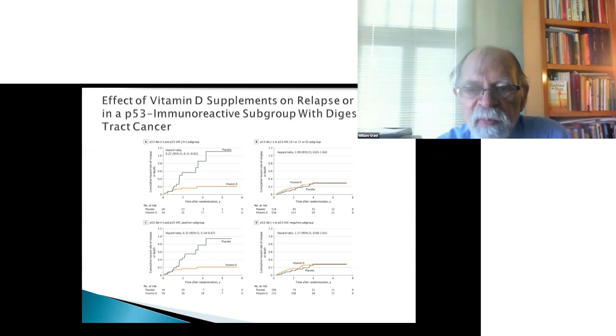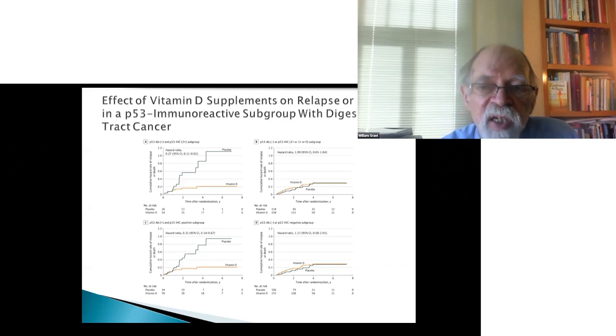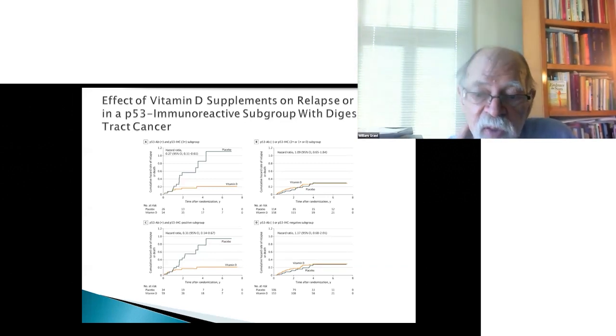And the results are, if you look on the left, for those without the P53 gene working, those given the placebo almost all died, or we can say with the placebo, they have very poor outcomes. Those with vitamin D had only about a 20% relapse.